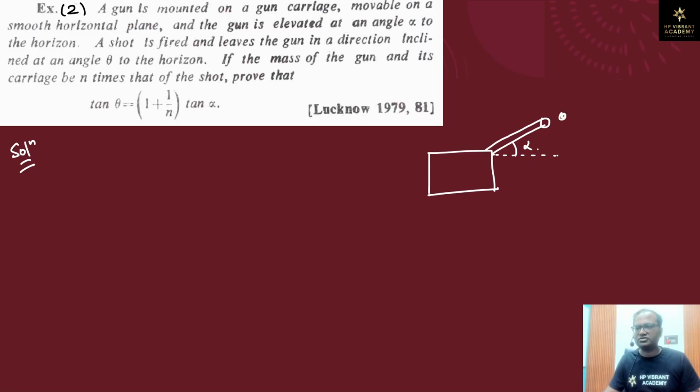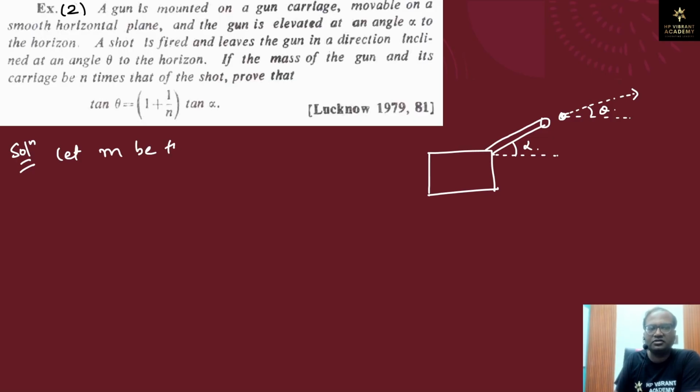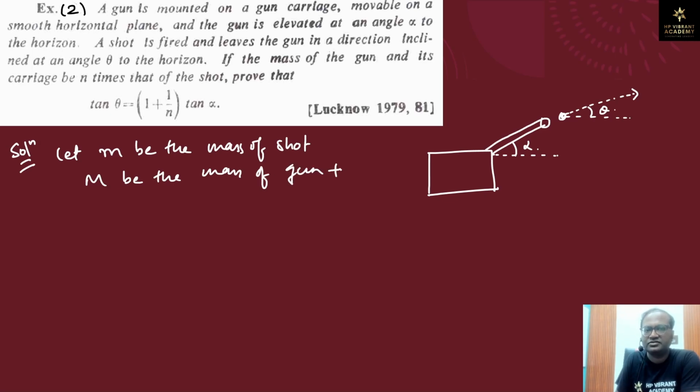So let us consider a shot here. Let small m be the mass of shot, and capital M be the mass of gun plus carriage.